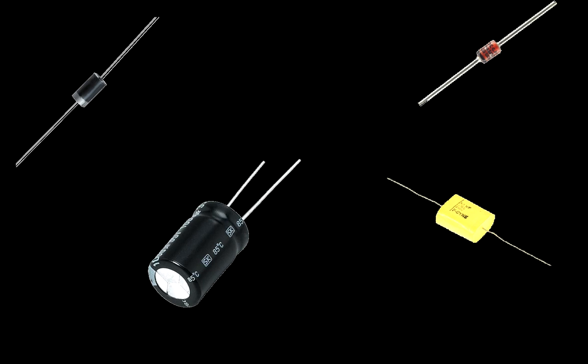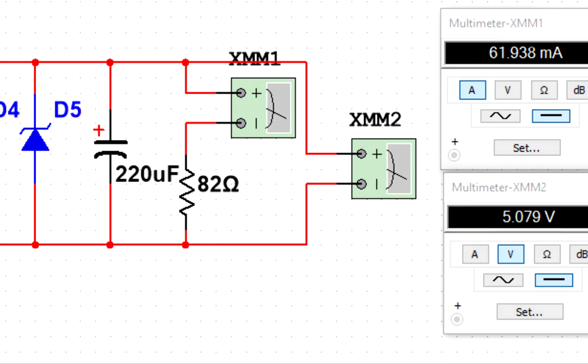The main objective is already done. We got a 5-volt power supply and at least 54 milliamperes on the simulation.